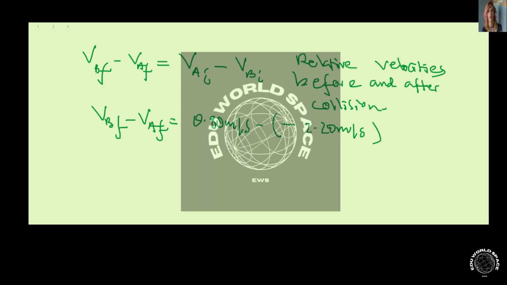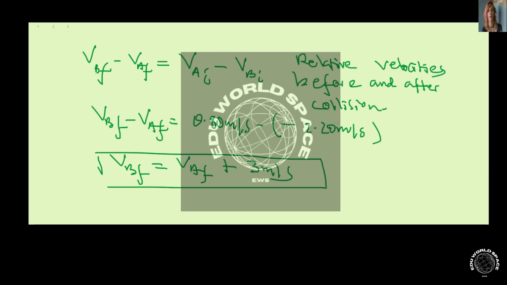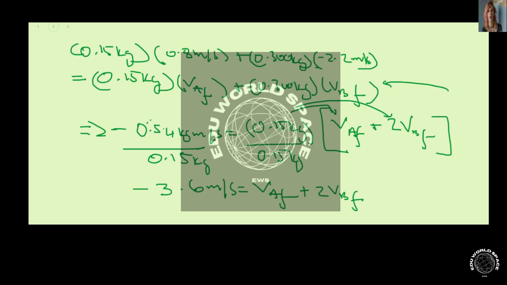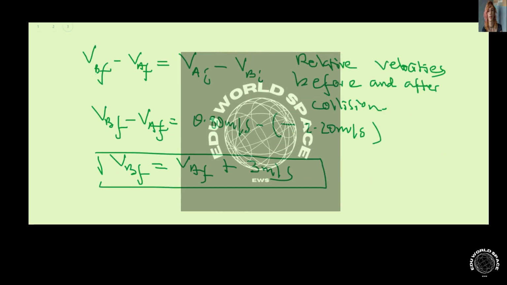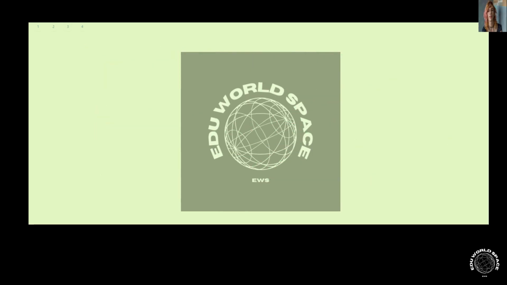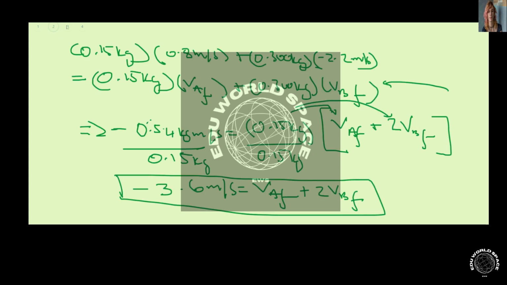And this gives us the final velocity of B being equivalent to the final velocity of A plus 3 meters per second. So we have that equation, and we're going to combine it with this other equation simultaneously.